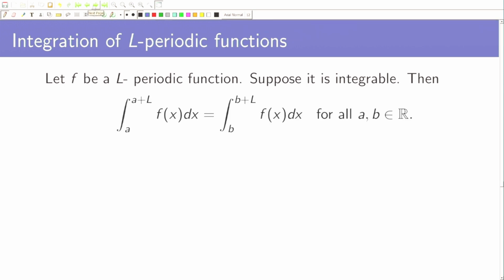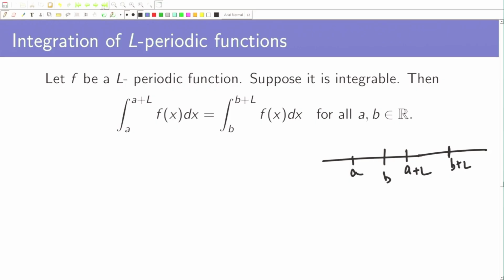Mathematically, the integral from a to a plus L of f of x dx is equal to the integral from b to b plus L of f of x dx for all a, b in R. Essentially it is saying that in any interval of length L, the area is going to be the same, irrespective of the position where you choose your integral.